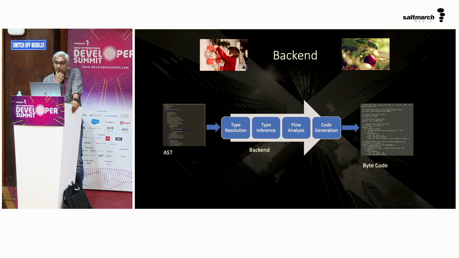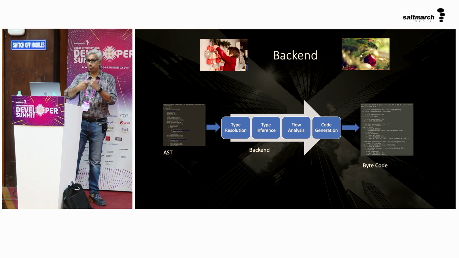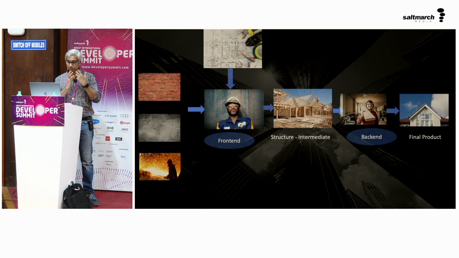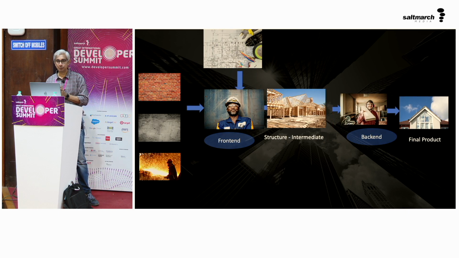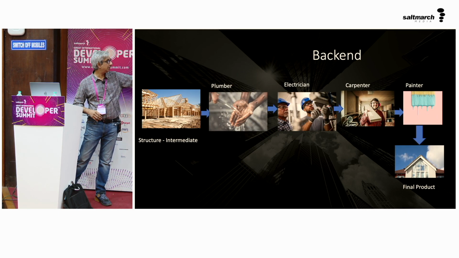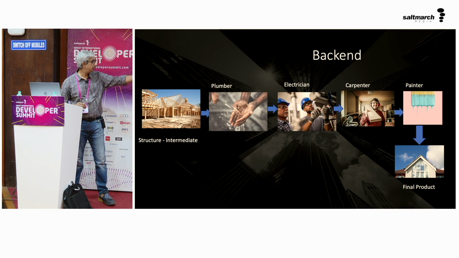The example for the backend is that you have the abstract syntax tree, like a Christmas tree, and then kids come and put a lot of stuff on it one by one. But we are in Bangalore, so think about building apartments. The plumber comes in, the electrician comes in, the carpenter comes in, and the painter comes in, and all of these people have to do different jobs. Sometimes you cannot paint before the carpenter comes in.